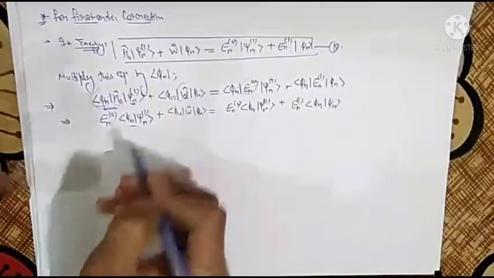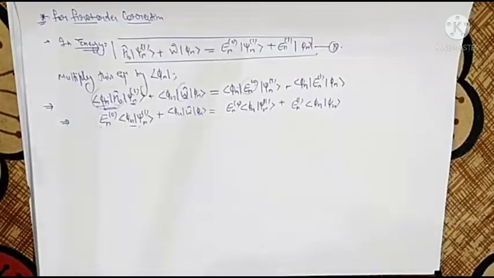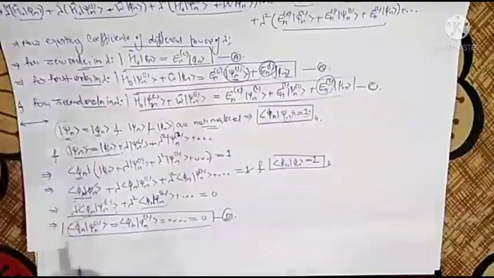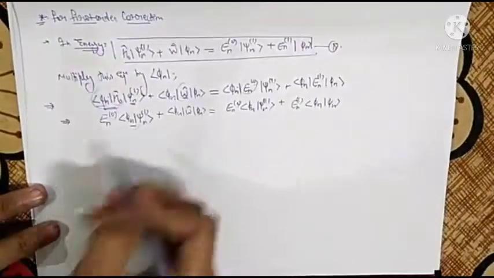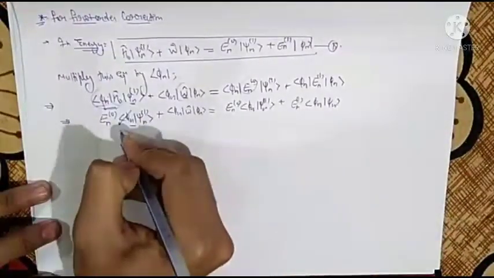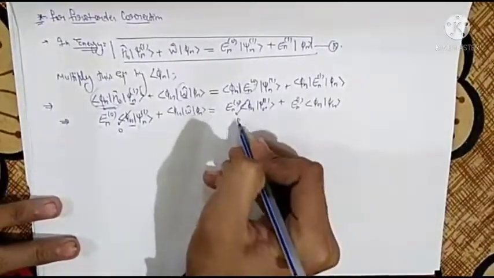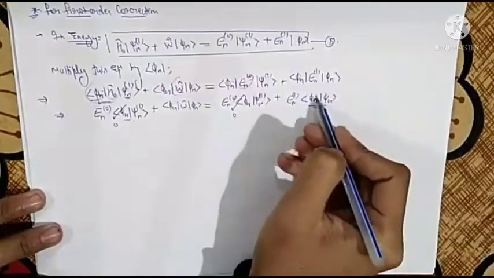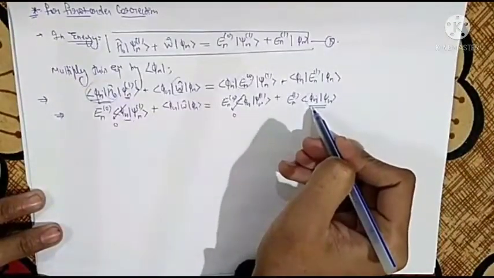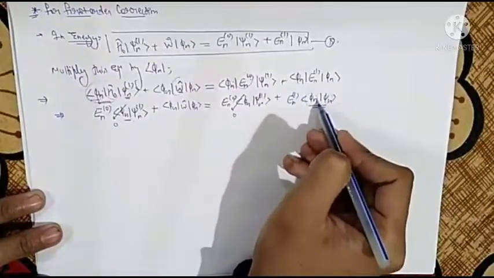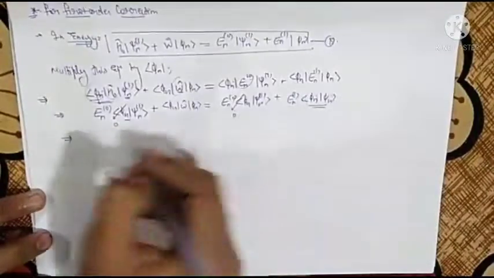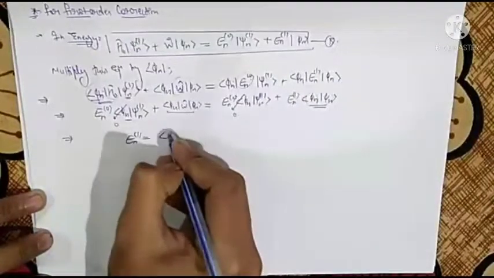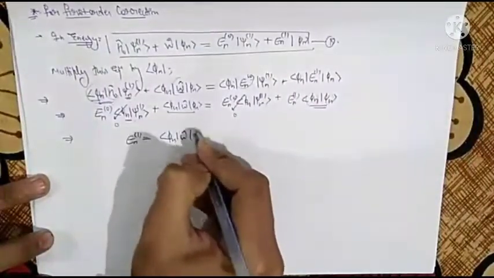Now this value is 0, because I have shown you in equation number D. So this term is 0. Again, this term is also 0 from the same equation number D. This is 1 because the phi n states are normalized, and if they are normalized, then their dot product has to be 1. So we have E n1 on one side, equal to phi n W phi n.